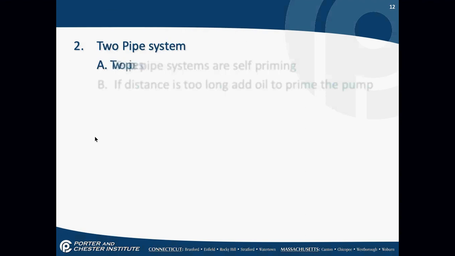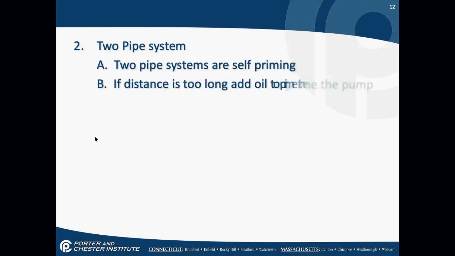Two-pipe systems are self-priming. We talked about this a little bit with dual-stage pumps, but if you have a two-pipe system, they're self-priming. You still have to be there while they prime, because A, you have to make sure it works properly, and B, what's going to happen about 45 seconds after you start that oil pump if there's no oil flow?